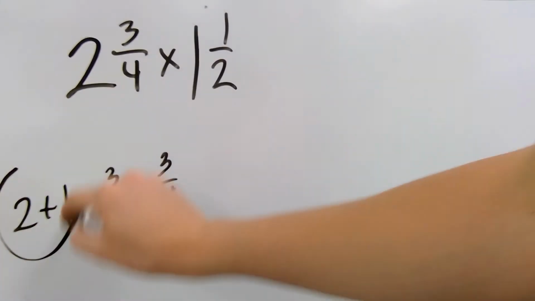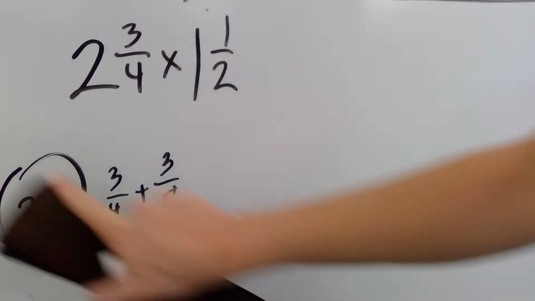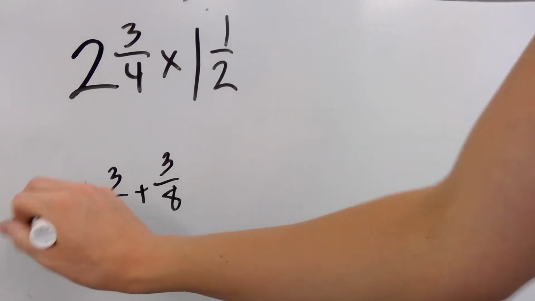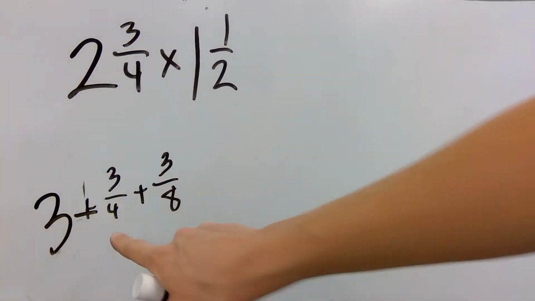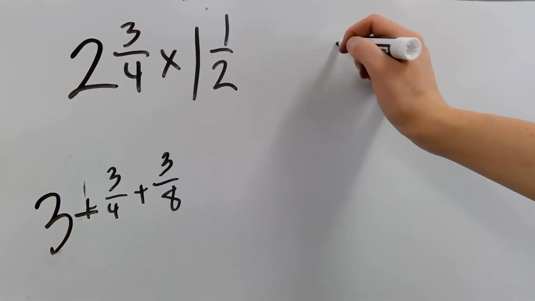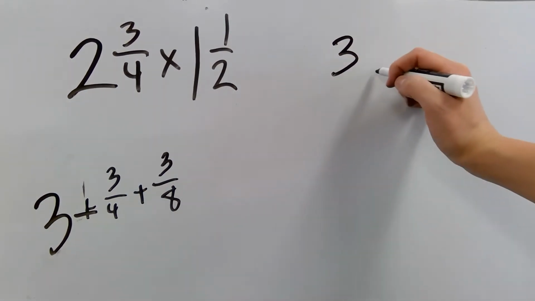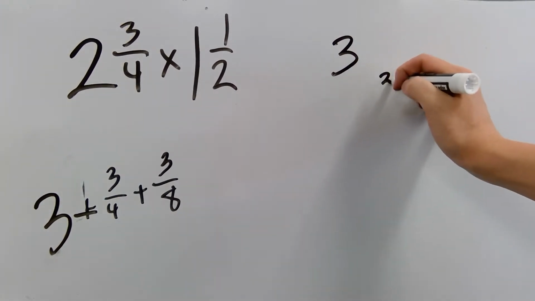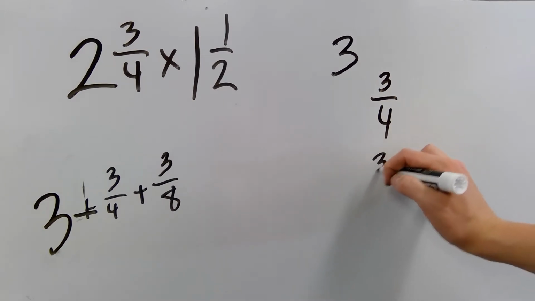We already know what 2 plus 1 is. 2 plus 1 equals 3. So I'm just going to add that for us already. So now we need to add 3 plus 3/4 plus 3/8. So I'm just going to set it up here. 3. And I like to keep my whole numbers on one side, fractions on the other. 3/4, 3/8.